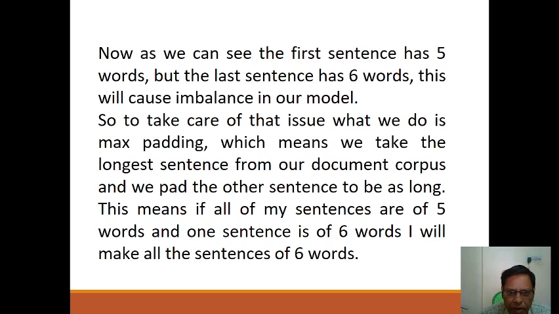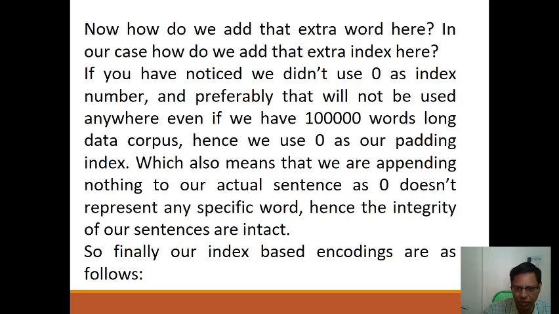To take care of that issue, we do max padding. We take the longest sentence from our document corpus and pad the other sentences to be as long. If all my sentences are 5 words and one sentence is 6 words, I will make all the sentences 6 words.